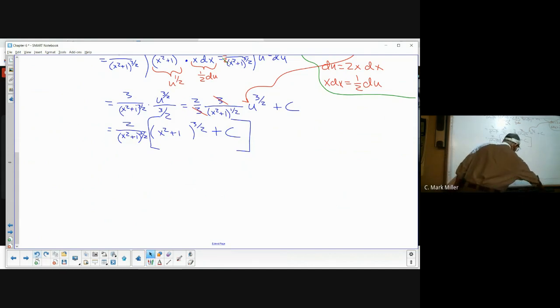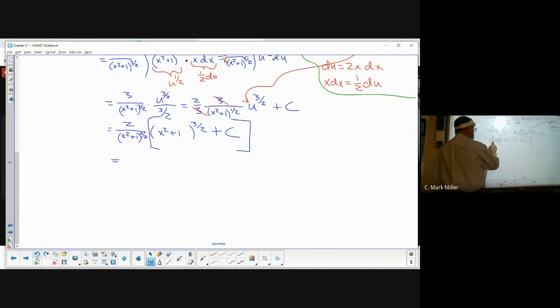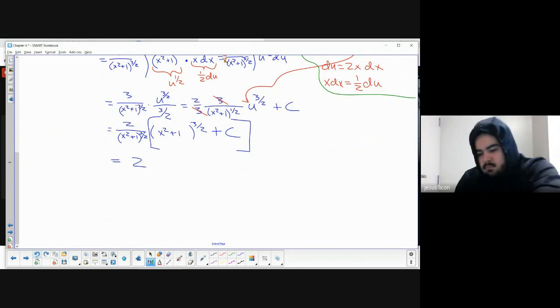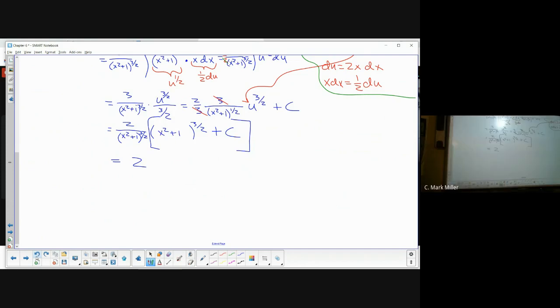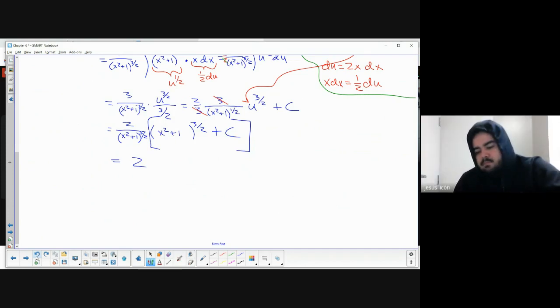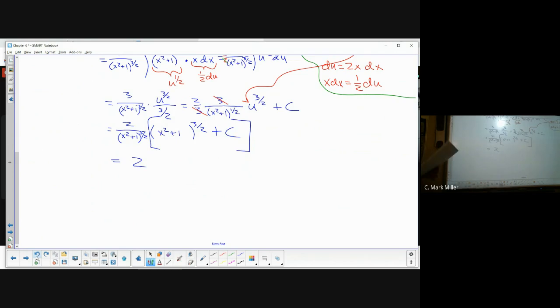So we're going to have at the beginning 2 over (x squared plus 1) to the 3/2 times (x squared plus 1) to the 3/2, which is just a 2. And then I'm going to wind up with 2 over (x squared plus 1) to the 3/2 times this constant.